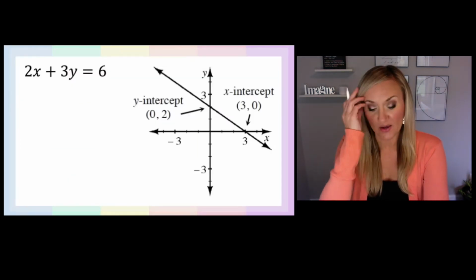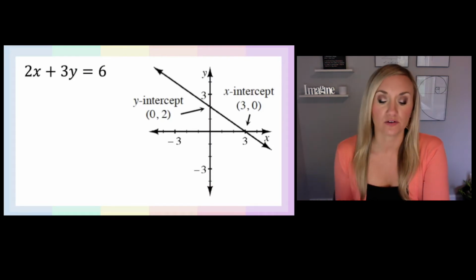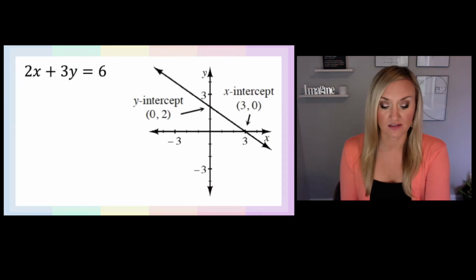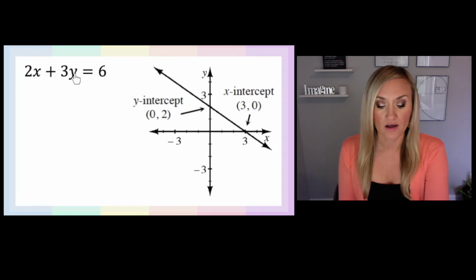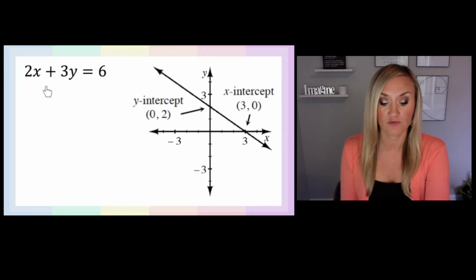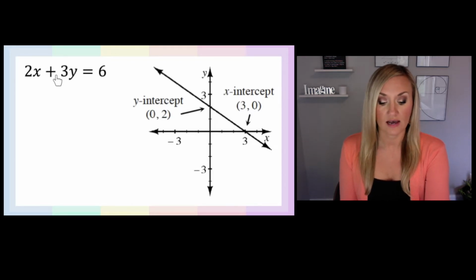All right, so this is called standard form. I'm going to pause for a second and just look at it. What do you notice that's different? Well, so far we've had slope-intercept form, where y is by itself on the left side of the equation, but now I have a 2x and a 3y. I have both x's and y's on the left side, and then a constant term on the right side.